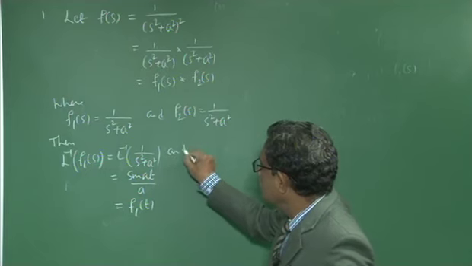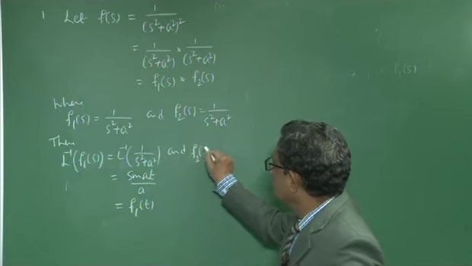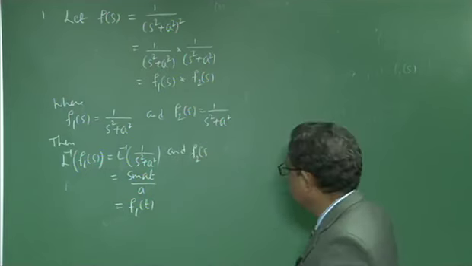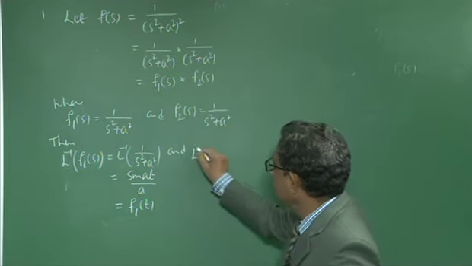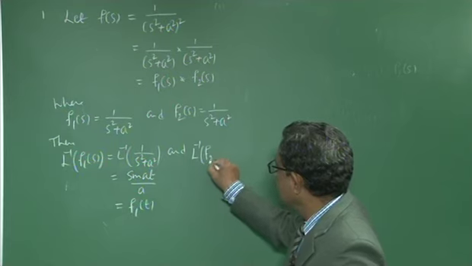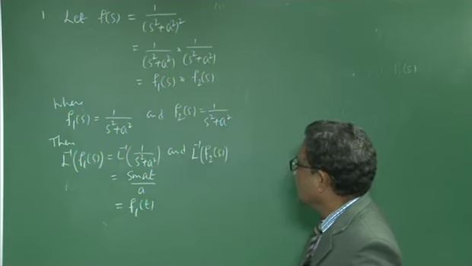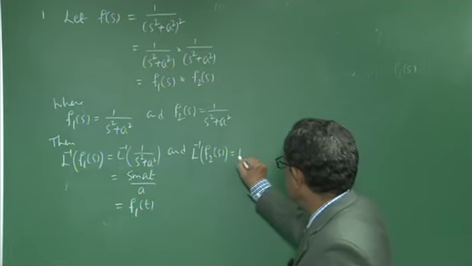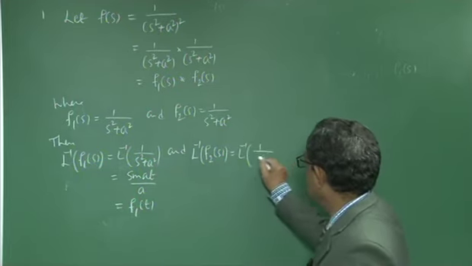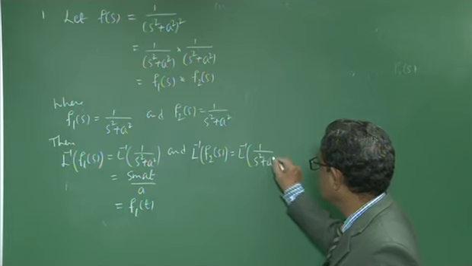Similarly, for the second function F2 of s, you can take the inverse Laplace transform, L inverse of F2 of s. Now this is L inverse of 1 divided by s square plus a square.